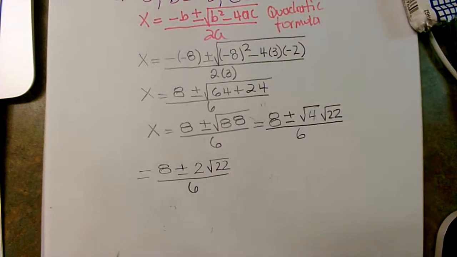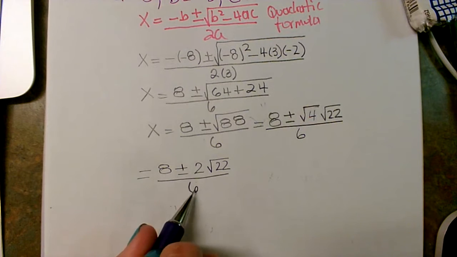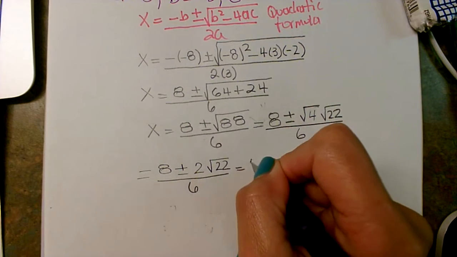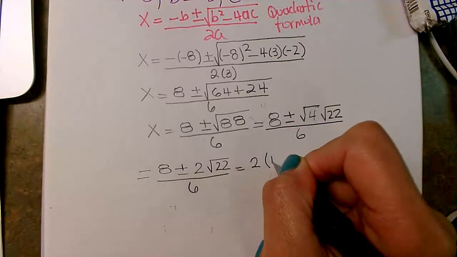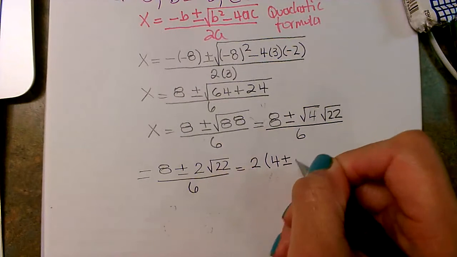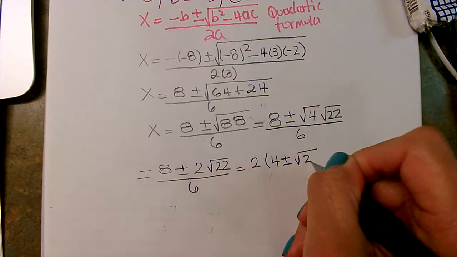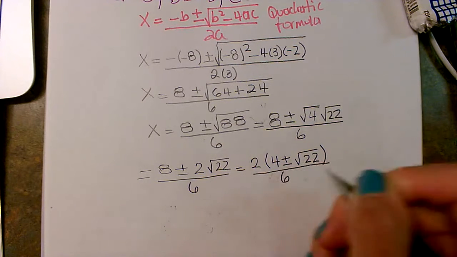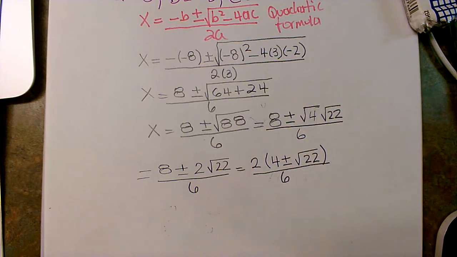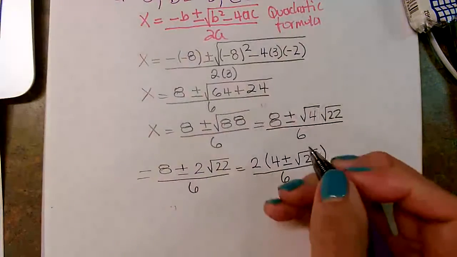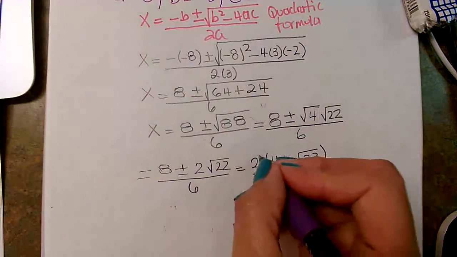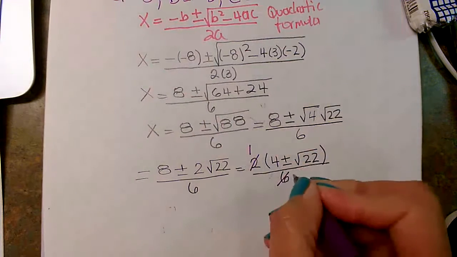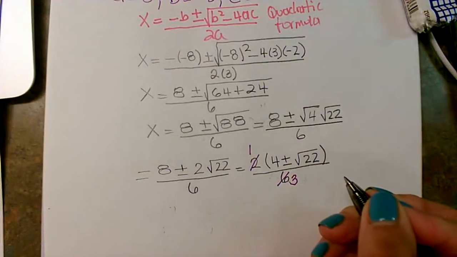Now, you can see this 8, the 2, and the 6. So I could factor the 2 out. Let's factor the 2 out, it would be 4 plus or minus square root of 22, divided by 6. And divided by 2 is 1. Divided by 2 is 3.